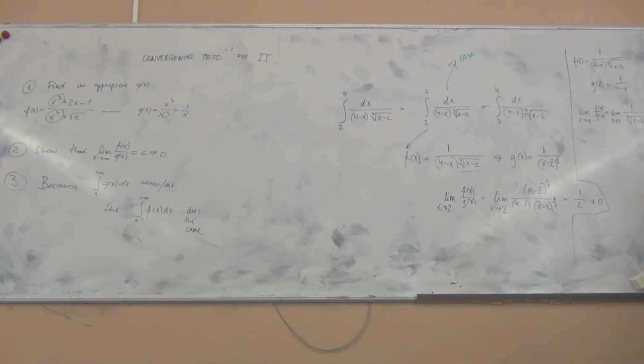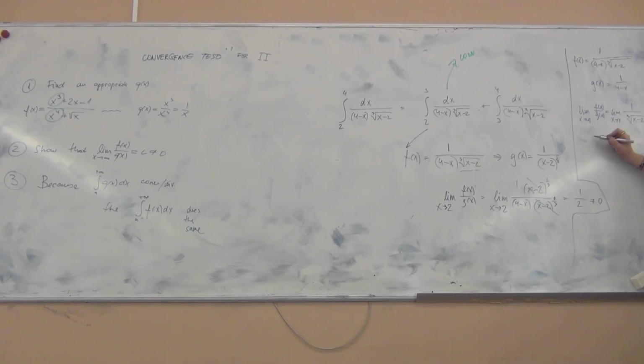So again, this is a constant, not a zero, which means the integral of f and the integral of g behave in the same way. What the integral of g does, the integral of f does as well.